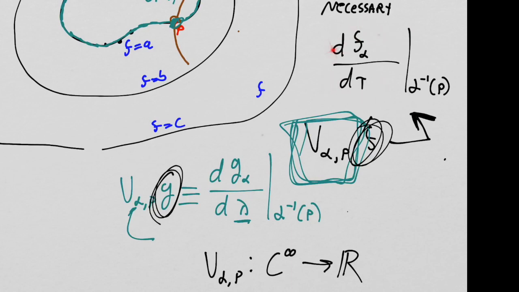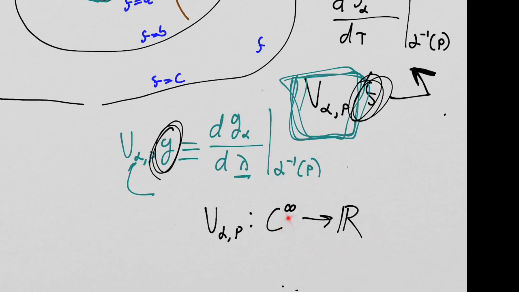This derivative is a function, this part is a member of C infinity, but you evaluate that at a specific value of the parameter, one that corresponds to the point P. This is a real number. So this guy is actually a map from all differentiable functions on the manifold to the real numbers, right? And the way I create this map is I need a curve and I need a point, right?